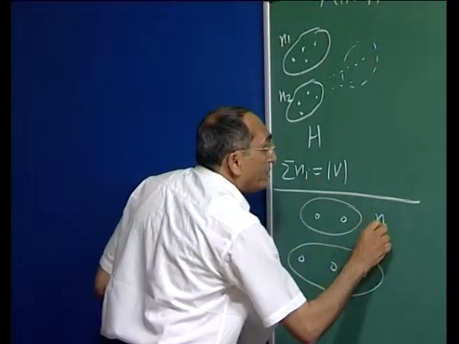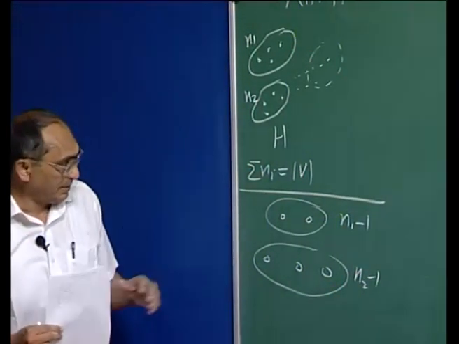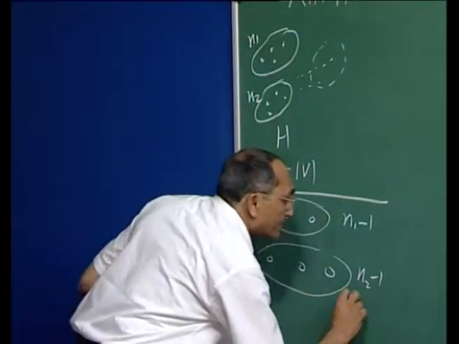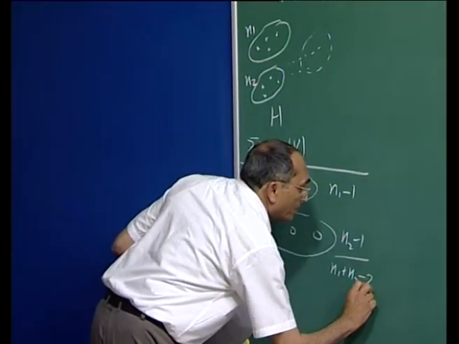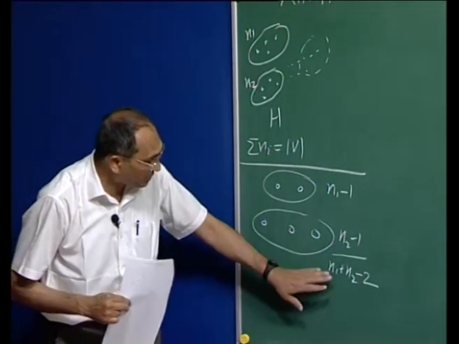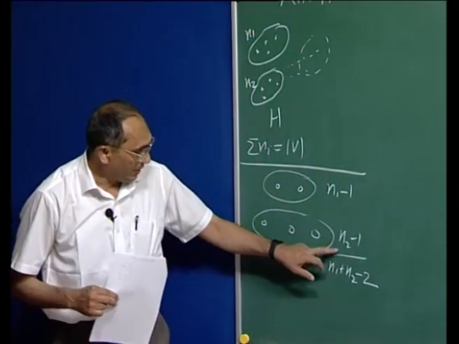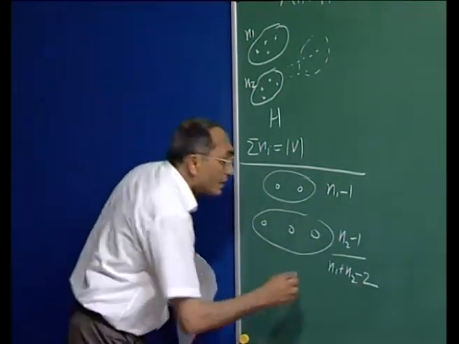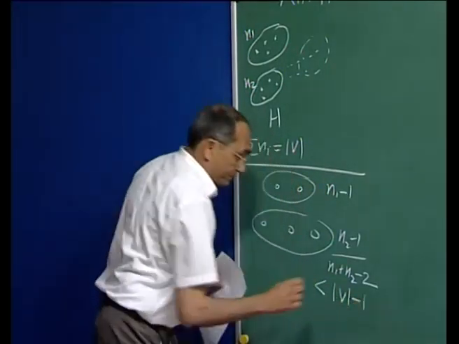If there are n1 minus 1 edges in this and n2 minus 1 edges in this, then this will add up to at most n1 plus n2 minus 2, my mistake. So, we have at most n1 minus 1 and n2 minus 1 edges in these, then this will add up to this, which is less than mod of V minus 1.